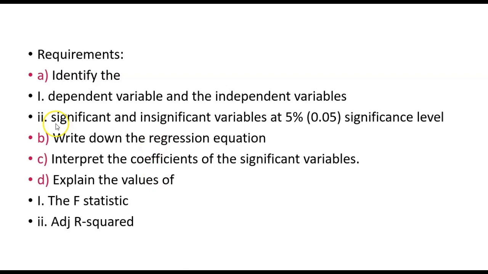So now we want to know the significant and insignificant variables of this particular research. And we have to use a significance level of 0.05. So basically there are three significance levels when you want to find out which variables are significant. We have the 0.01, we have the 0.05 and the 0.10.